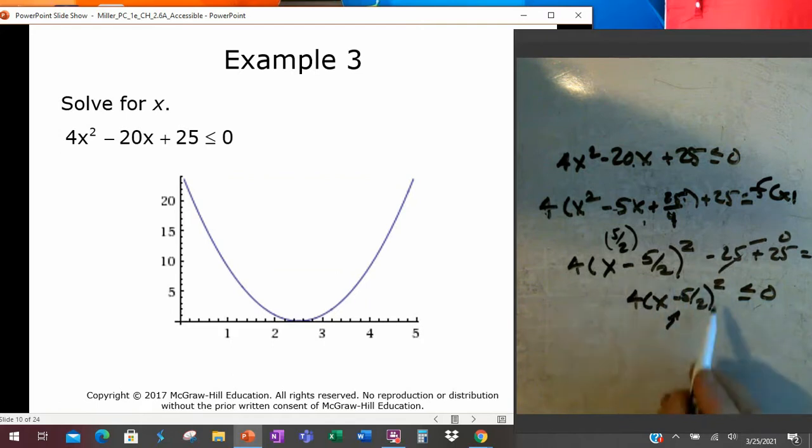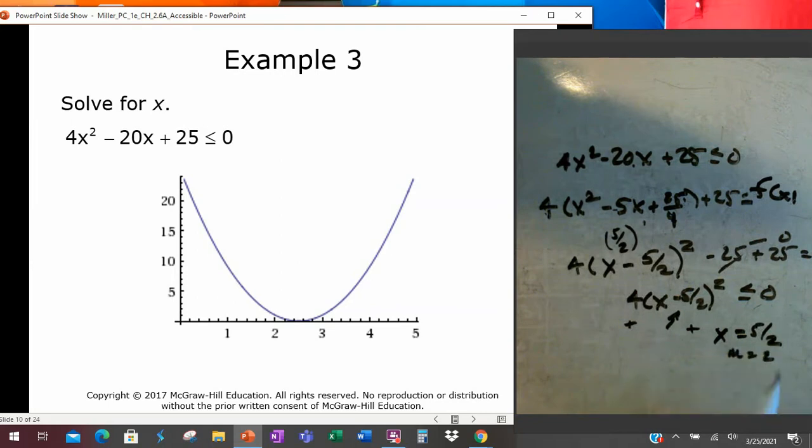This is always positive. This is always a positive number. When I square it, this is always positive. So the only thing I'm looking for now is less than 0. The only point is where this is equal to 0. So if I solve this, x is equal to 5/2.